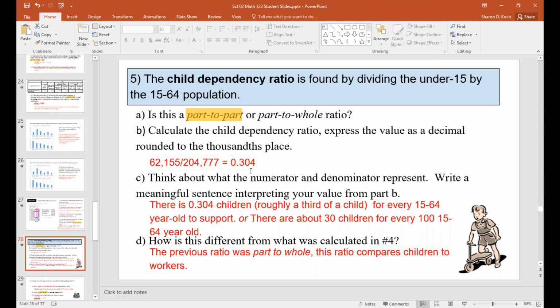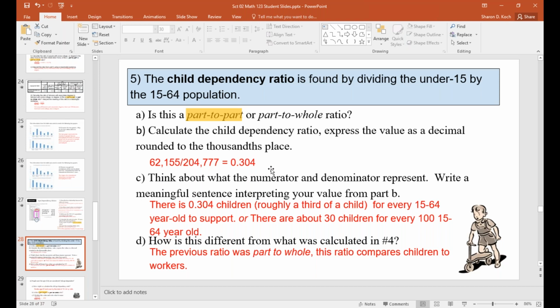So each worker would support about 0.3 of a child. Now, this is kind of hard to understand, 0.3 of a child. So sometimes we like to convert these numbers. Instead of saying 0.3, what if we multiplied both the numerator and the denominator either by 10 or by 100?